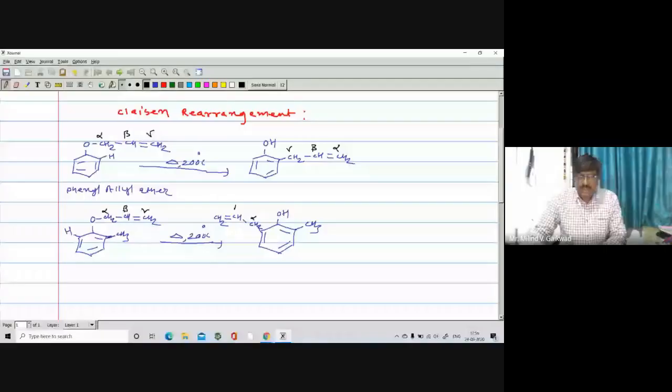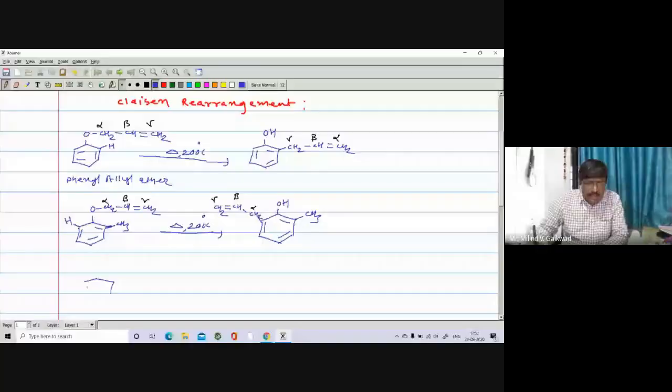Here is a CH2, CH double bond CH2, and this is your gamma carbon, here is the alpha carbon, here is the beta carbon, and here is the gamma carbon. So when one of the ortho hydrogens is blocked, then the allyl group will attack the next ortho hydrogen atom.